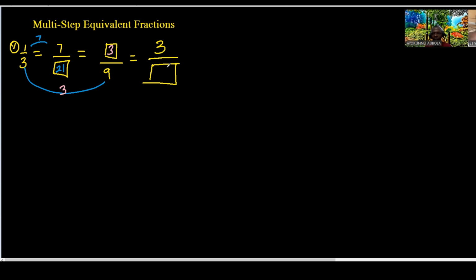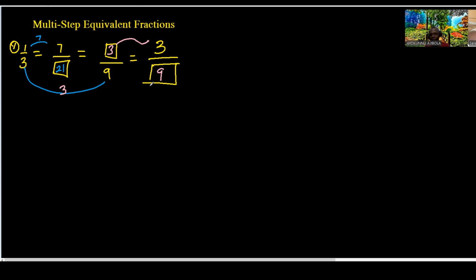Then how about this one? How can we get this one? I think you have to times the 3 by 9. Now, 3 times what will give me 3? 1. So 1 times 9 is still 9. So this is still equal, okay?